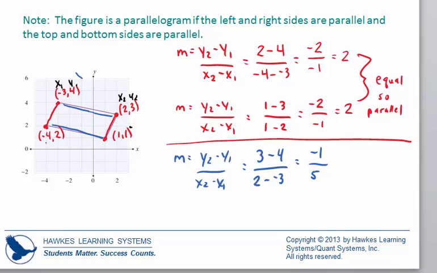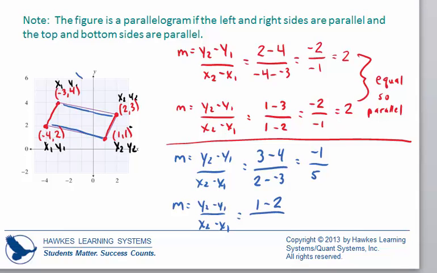All right, let's do the bottom line. We'll label our first point x1, y1, second point x2, y2. Plug into our formula one more time. For the y2, I'm going to put in a 1. For the y1, a 2. For the x2, a 1.